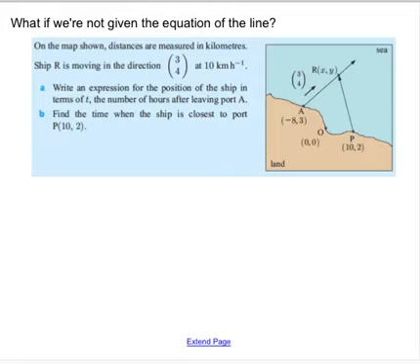Write an expression for the position of the ship in terms of t, the number of hours leaving port A. Okay? So, here, the ship is leaving port A, which is at the point negative 8, 3. It's going this direction. All right, so what would the position of our ship be?